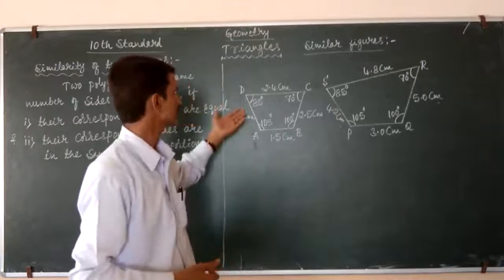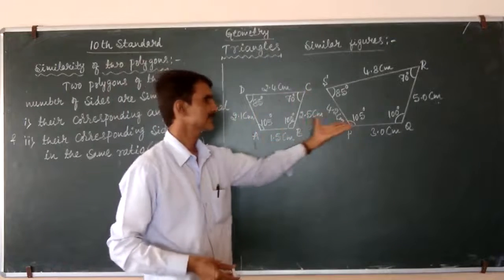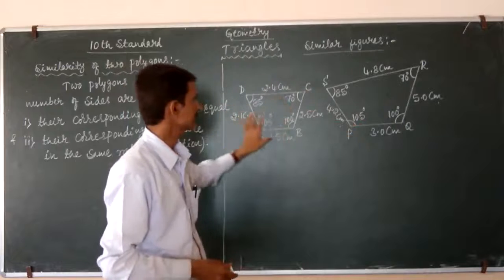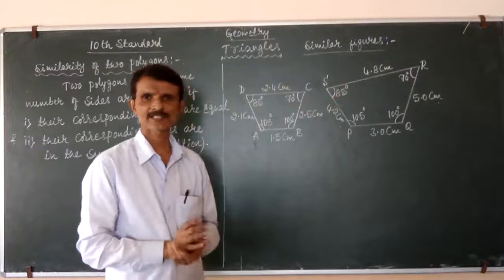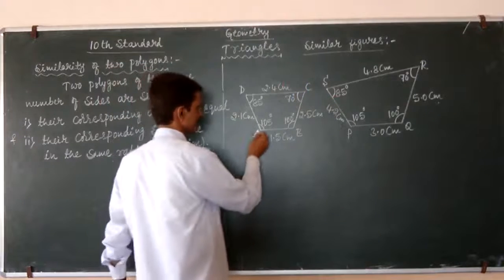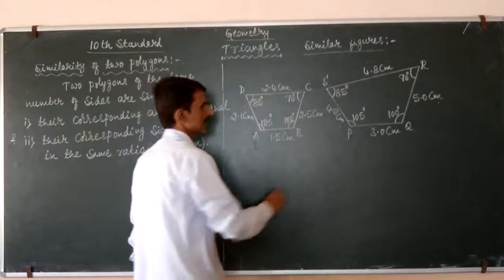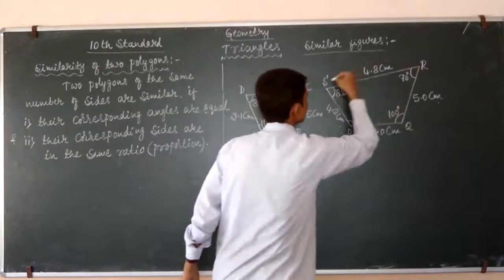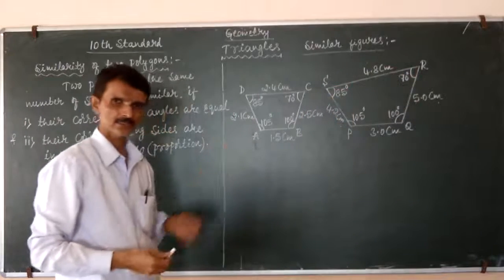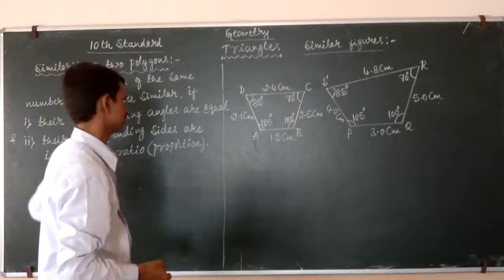If you observe the figure here, it is a polygon having four sides, therefore it is called a quadrilateral. Now observe this plane figure. ABCD is a quadrilateral and PQRS is also a quadrilateral. Apply the first condition.